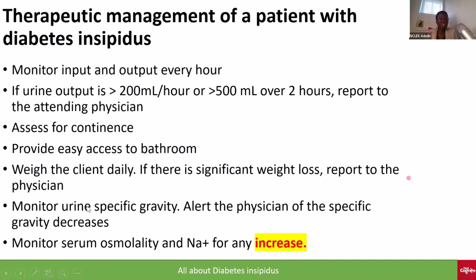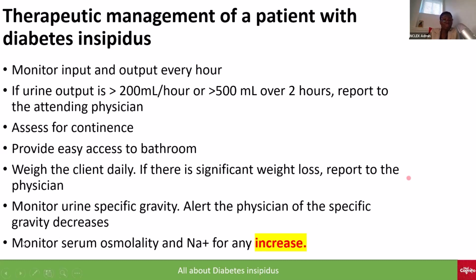And remember, urine specific gravity is very low because the urine is so dilute. So we've got to monitor urine specific gravity, and if it's becoming too low, it means the client is producing a lot of dilute urine, so alert the physician of the specific gravity decrease.